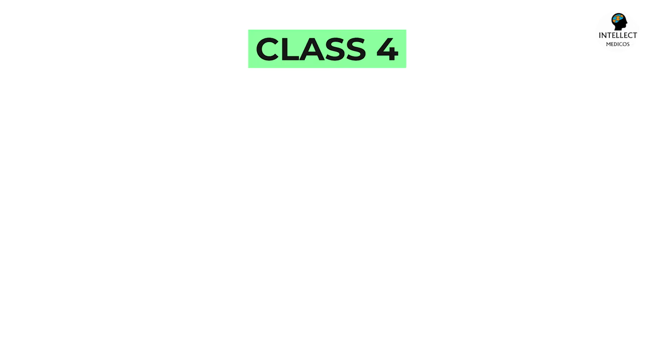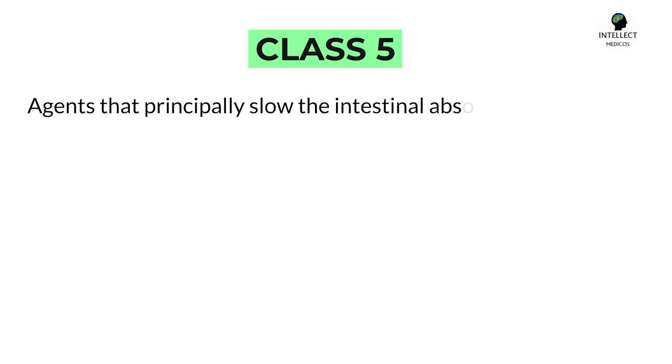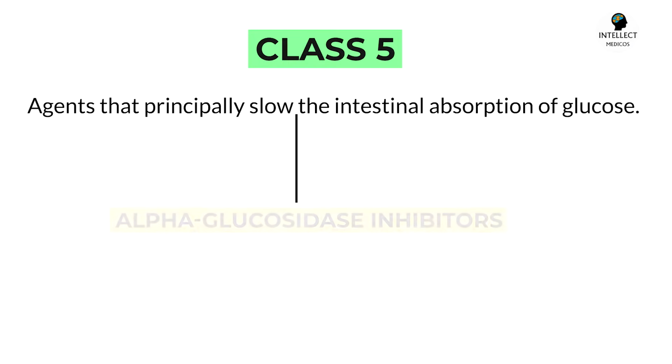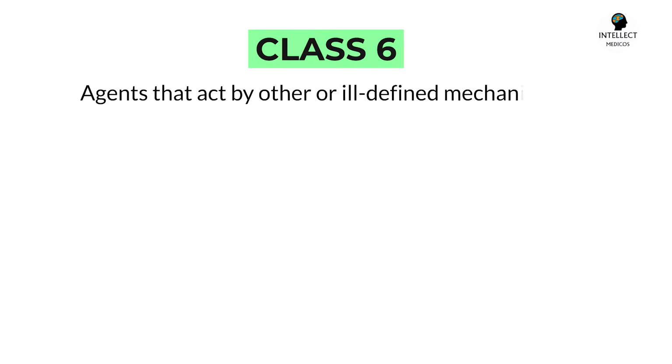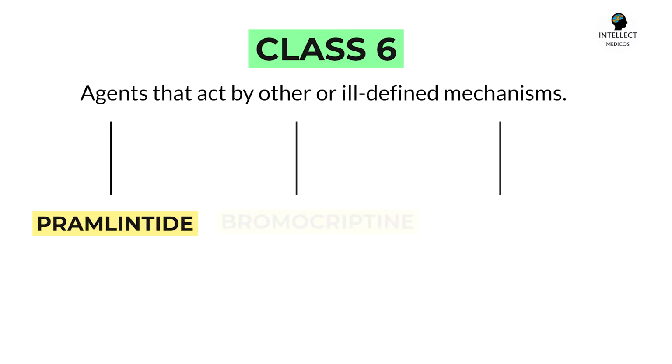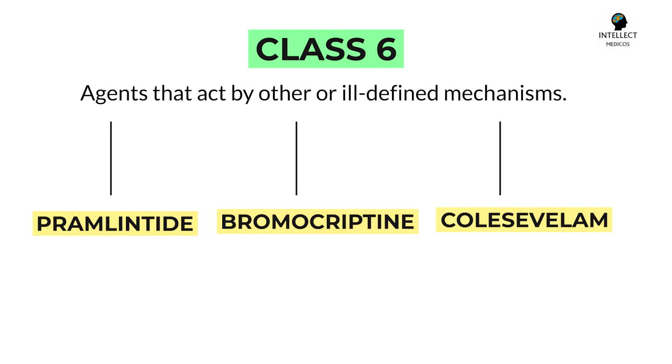And the 5th class, these are the agents that principally slow the intestinal absorption of glucose and include alpha-glucosidase inhibitors. And the last class, which is the 6th class, includes agents that act by other or ill-defined mechanisms. This class includes pramlintide, bromocriptine, and colesevelam.